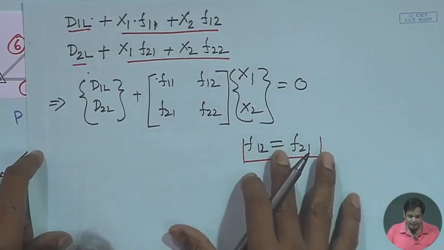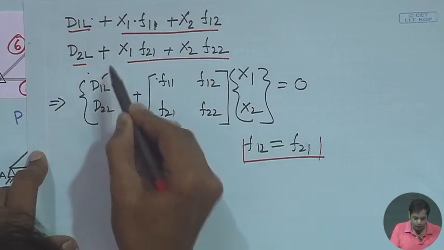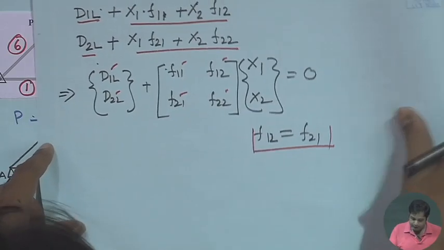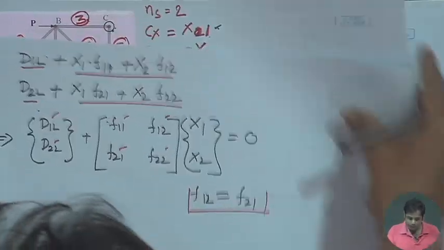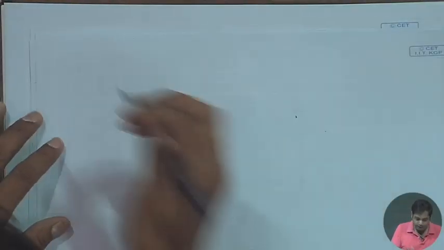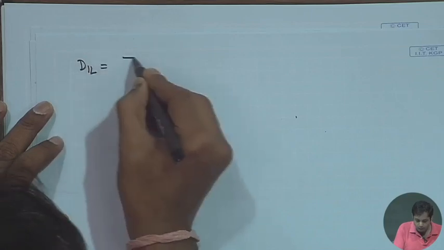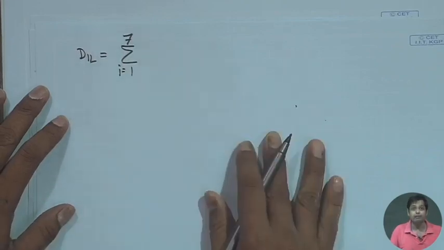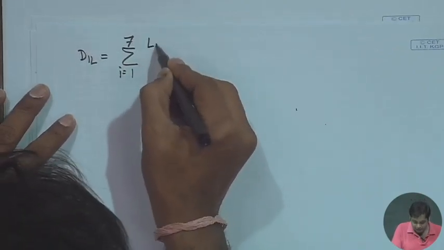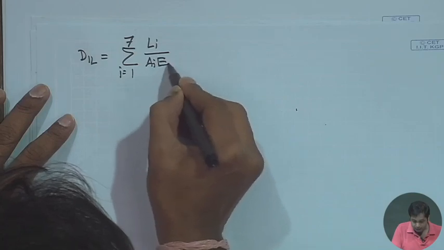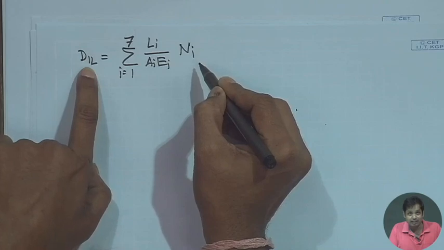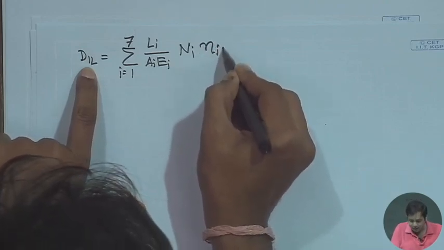Now, what is left is we need to find out what these values are. We know that D1L is equal to the summation of i equals 1 to 7, because we have 7 members, of Li by Ai Ei into Ni, and since it is displacement in the direction of the first redundant, this will be Ni1.